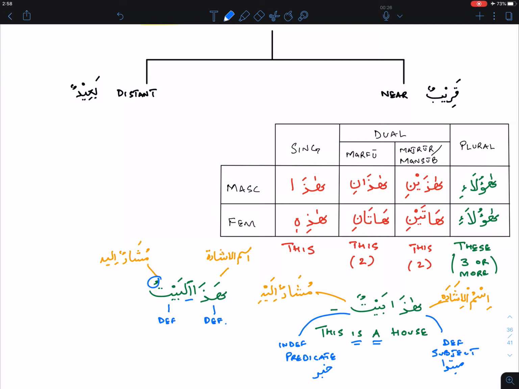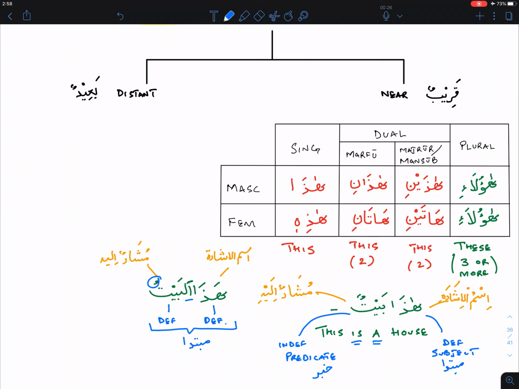Now these two definite nouns will not be serving as mubtada khabar, but actually what will happen is both of these two definite nouns will form the mubtada. So the mubtada will not be just one word now, but it'll be combined with these two words of Ismul Ishārati and Musharun ilay.